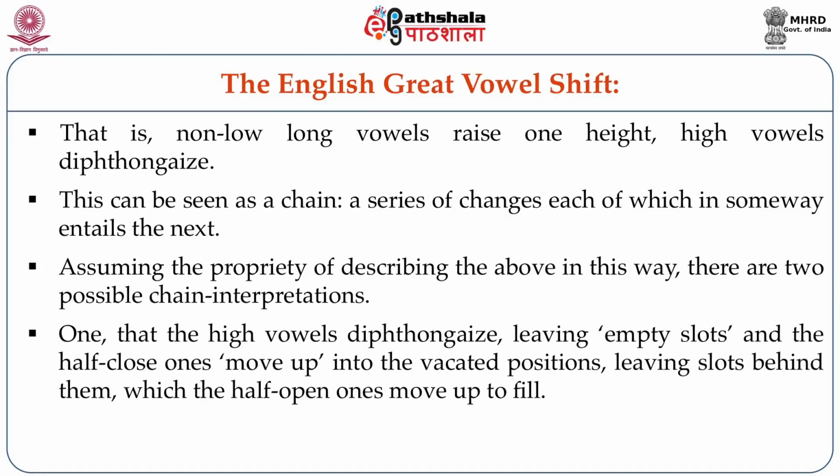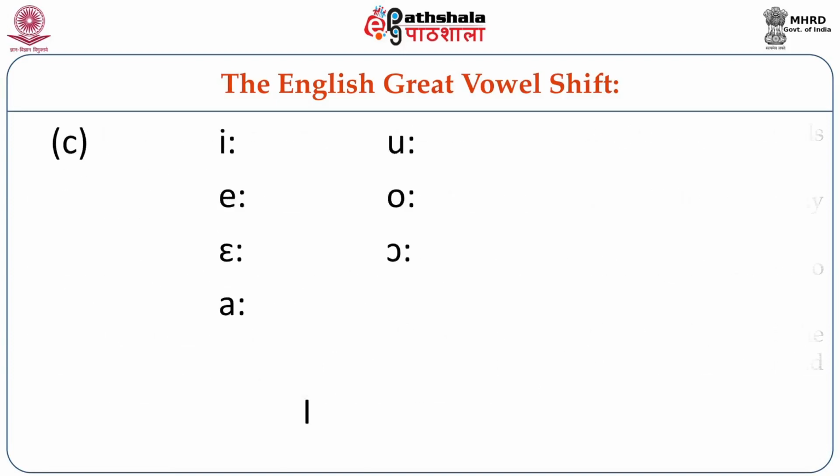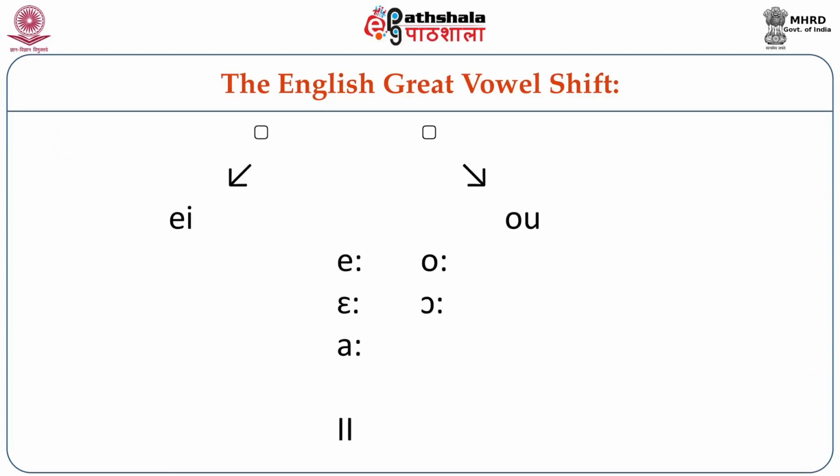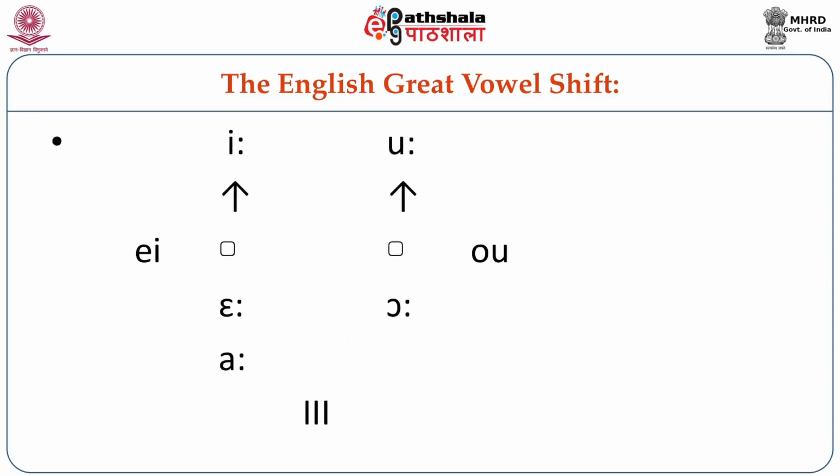One, that the high vowels diphthongize, leaving empty slots, and the half-closed ones move up into the vacated positions, leaving slots behind them, which the half-open ones move up to fill, as can be shown here. The possibilities are shown here, all the 4 possibilities. So this is a drag chain.